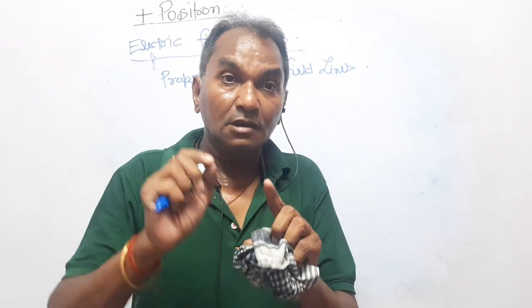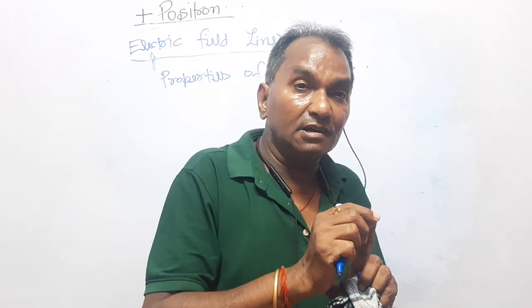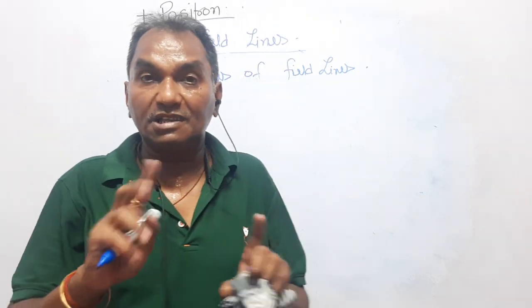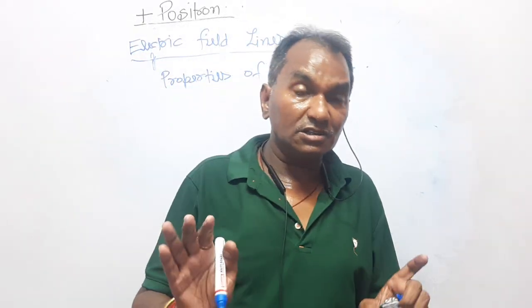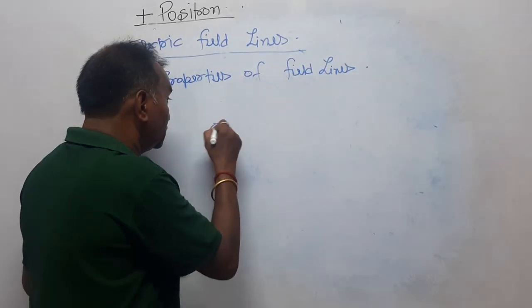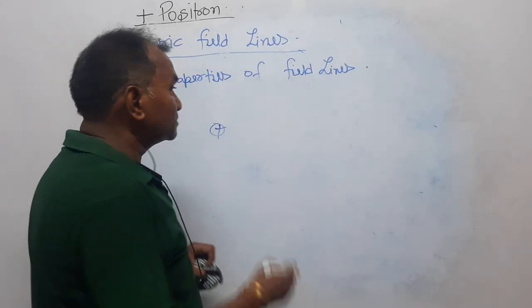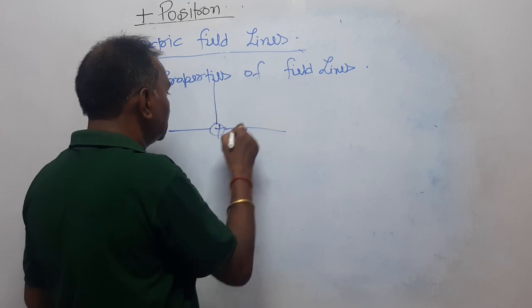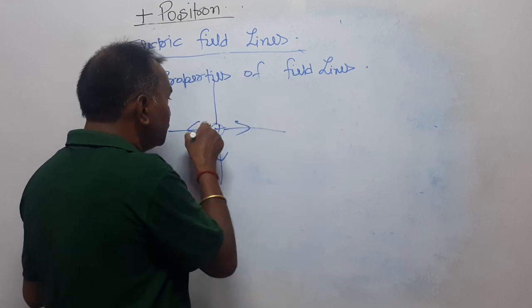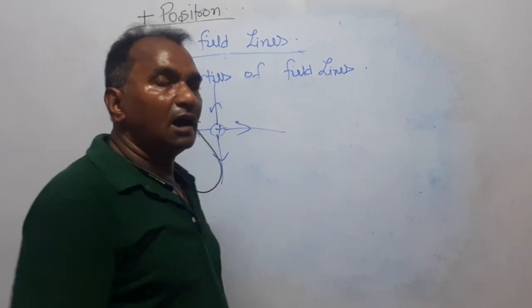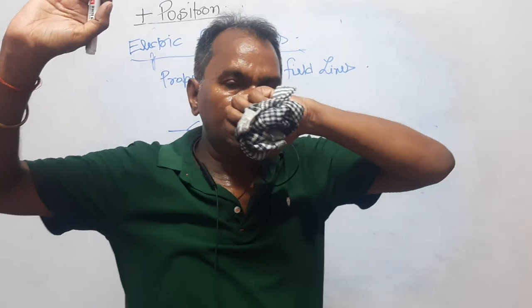Closed loop means the field line begins from a point and comes back to that point. They form an open loop, because if you consider only an isolated charge, the field line will begin like this, from the positive charge and go to infinity, right?